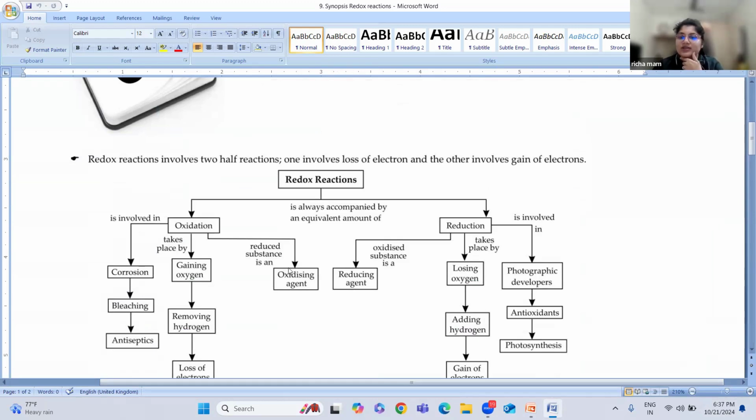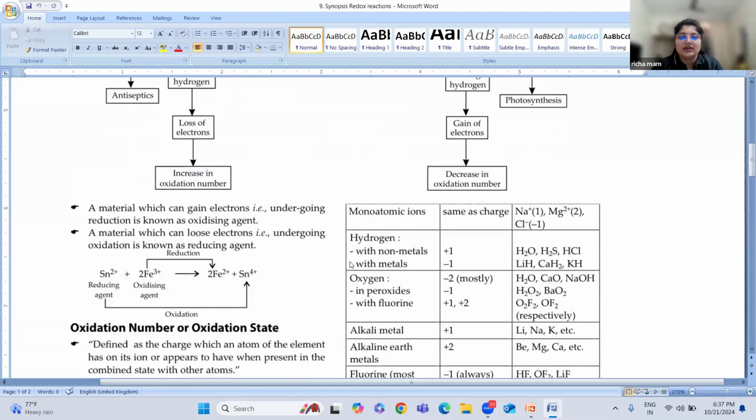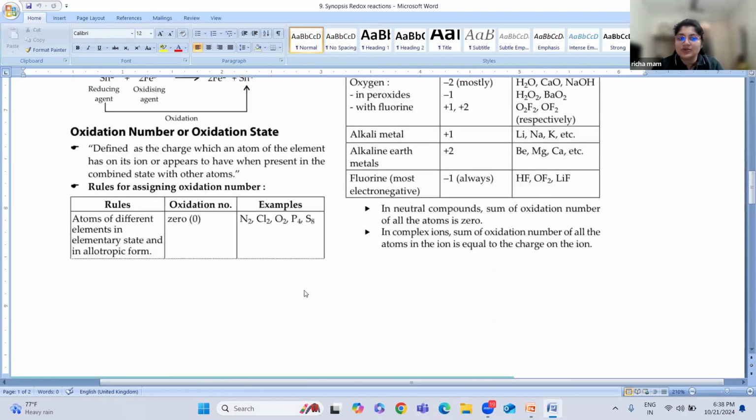We saw the meaning of oxidation and reduction in terms of oxygen, hydrogen, electrons, and oxidation number. Then we discussed the oxidizing agent and the reducing agent. Then we saw what the oxidation number is, how we define the oxidation state, and the rules for assigning the oxidation number.